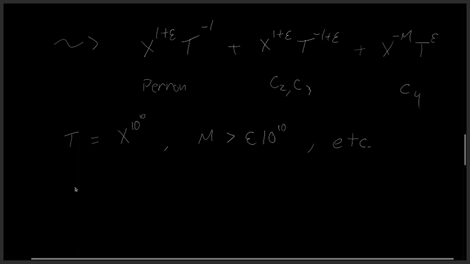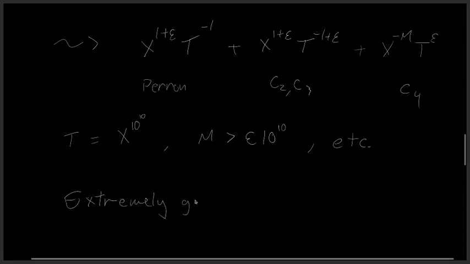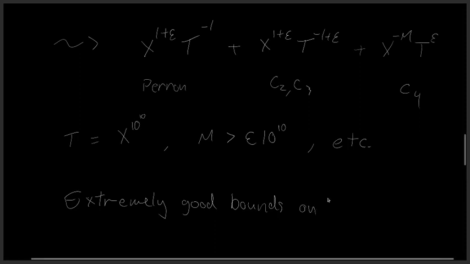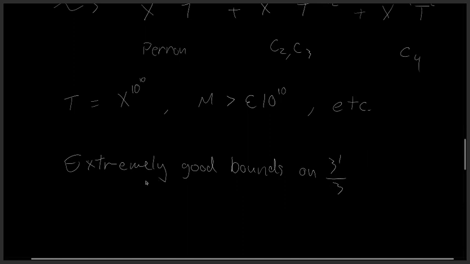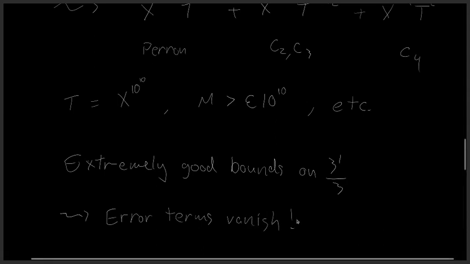So here we have extremely good bounds on zeta prime over zeta, and that means that our error terms vanish. So that's great.